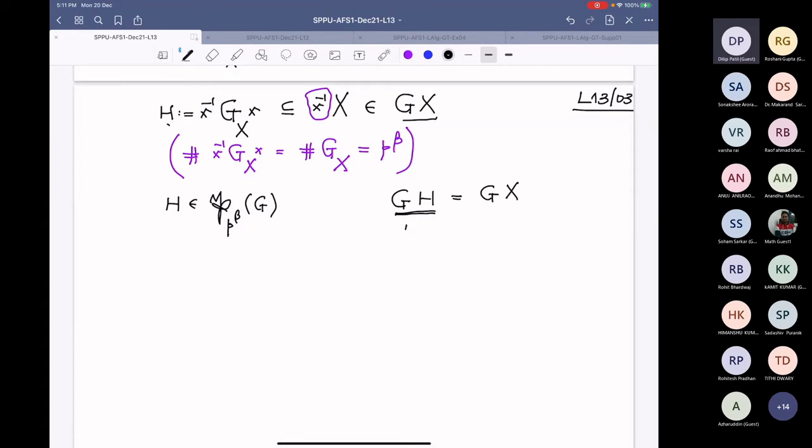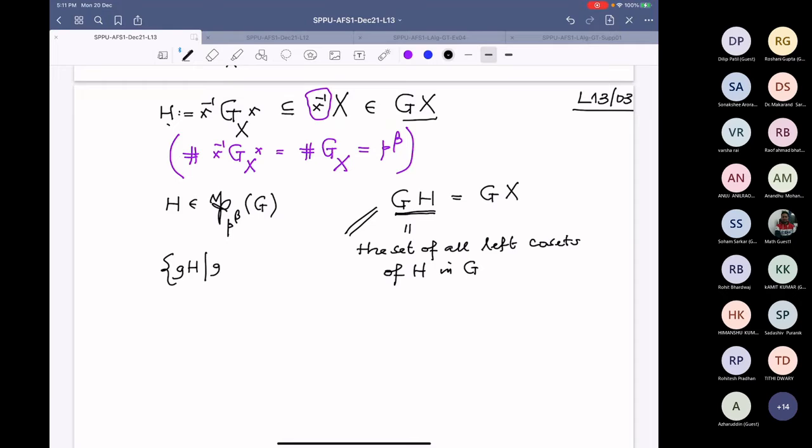So this orbit is precisely the set of all left cosets of H in G. So what are the elements there? So this orbit will look like gH, g varies in G. And H is one of them, because I can take g equal to identity.